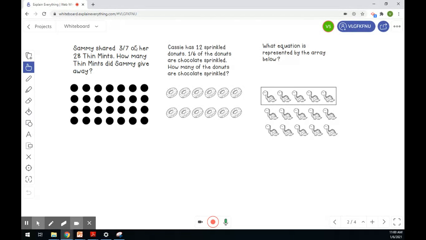The 3 out of the 7 tells me how many of the groups I'm going to actually use. So I'm going to draw that I'm only going to use 3 out of the 7.